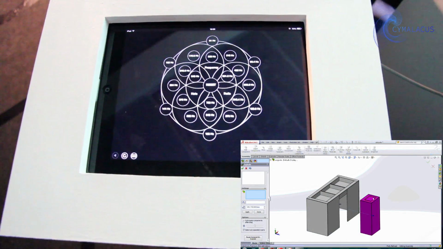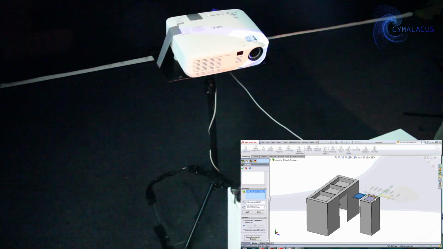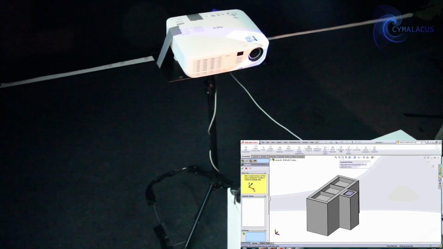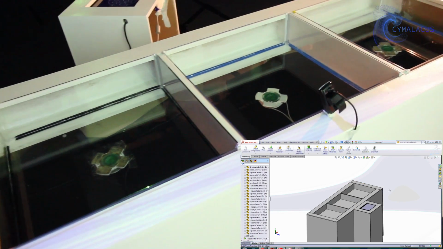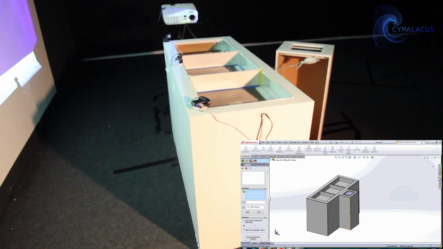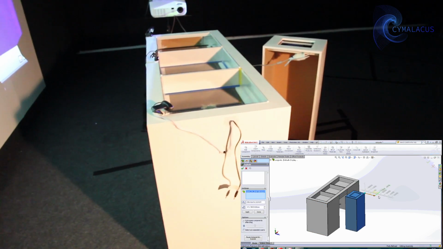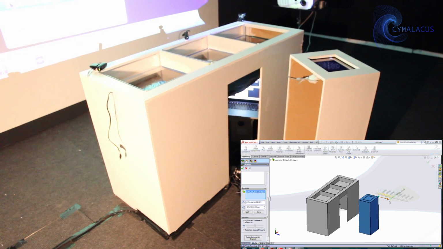The stand consists of two separate stands, a smaller one for the iPads, where the interface is, and a bigger one with the containers, where you can see all the cymatics. The smaller one, due to its light weight, we use as an entrance, so you can just move it to the sides, and that way you access all the devices and all the technology.